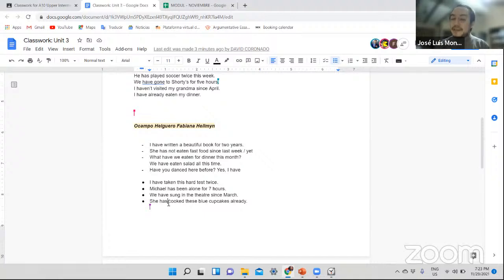And when you use it at the end, it's to show something that is not going with your expectations, like that example, hey, what about the cupcakes? Are they ready to eat? And someone is going to say, yes, she has already cooked those cupcakes, or she has cooked those cupcakes already. And when it's at the end, again, it's going contrary to the expectations. So again, it's very subtle.